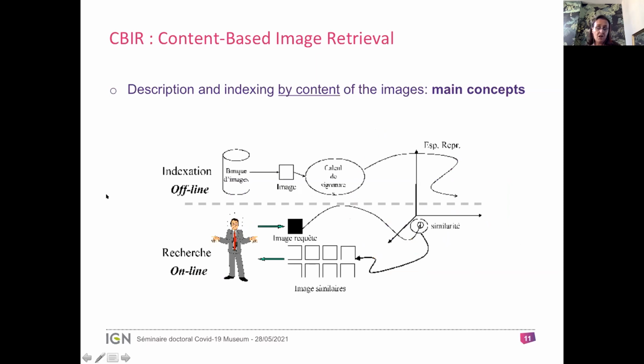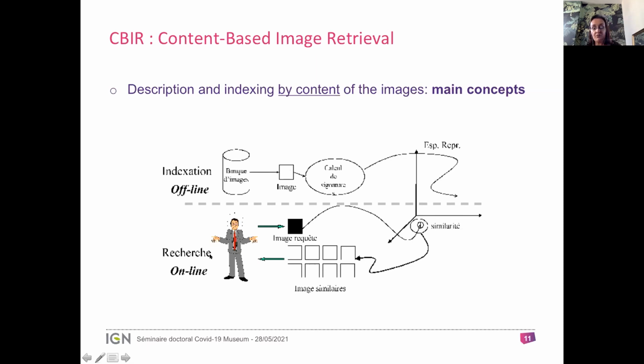Globally speaking, a system for search and retrieval of images works like that. You have here a data set of images. Each image is associated with the signature, the descriptor, the vector I have just shown, which is put in a big multidimensional feature space. In general, it's a vector space, but with one, two, three hundred dimensions, or more than that.